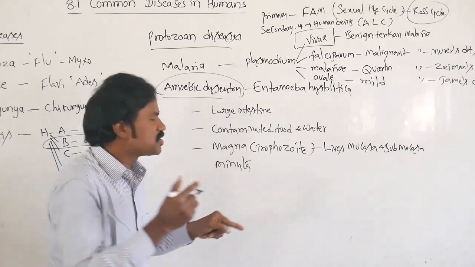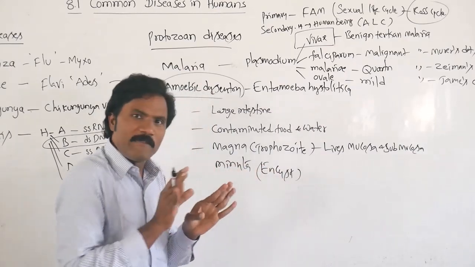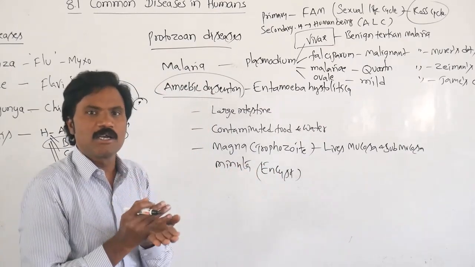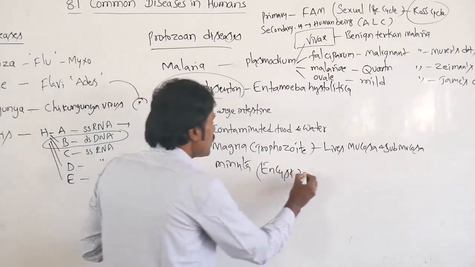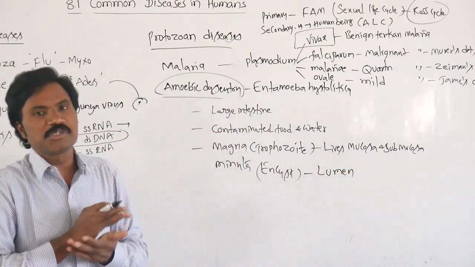But the minuta, the precystic stage, without any cyst formation, normally lives in the lumen of the large intestine.